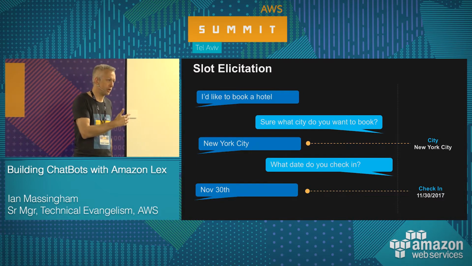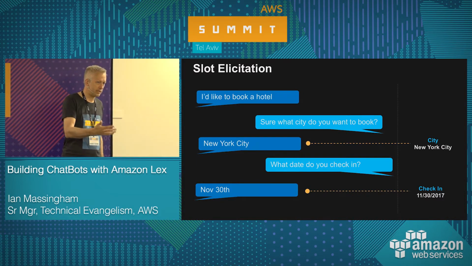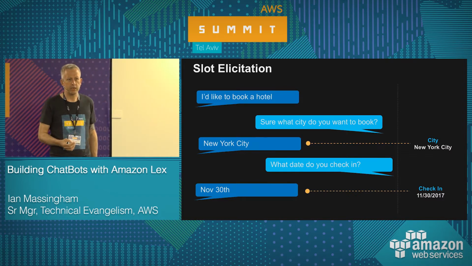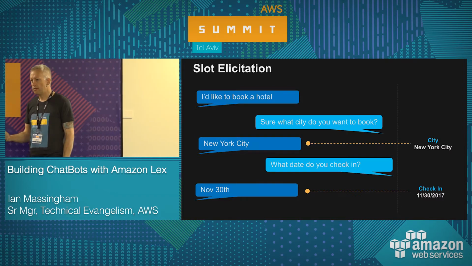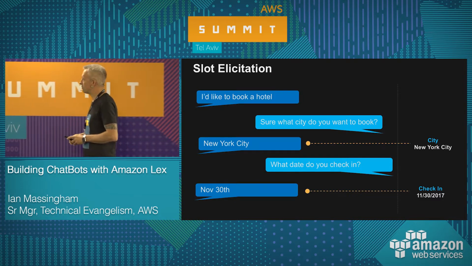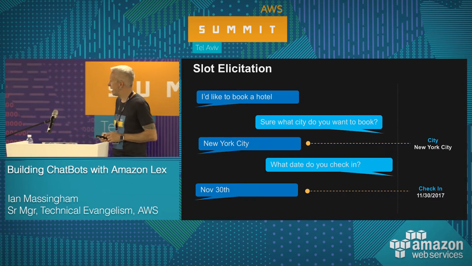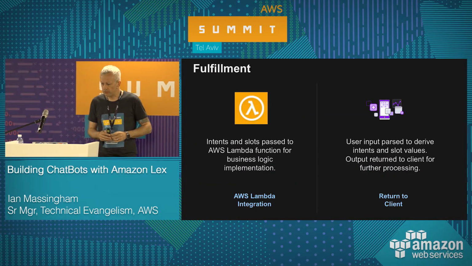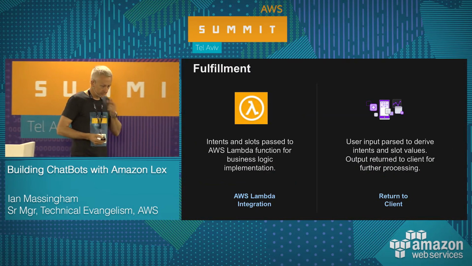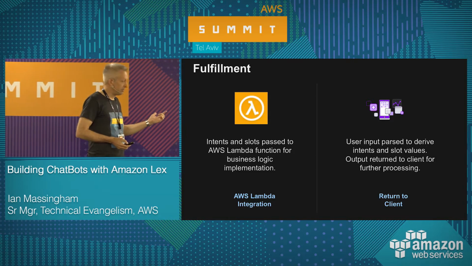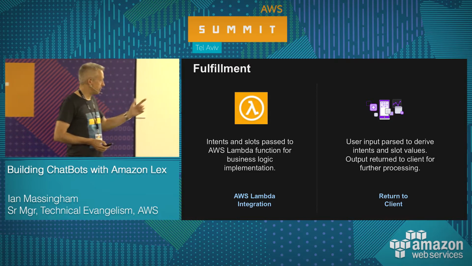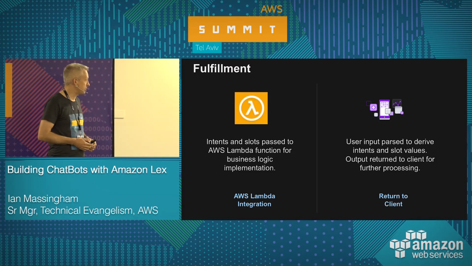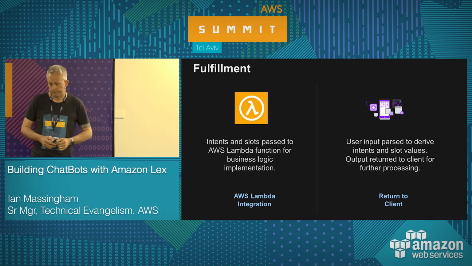Okay, so if you want to go beyond very simply asking questions like which city or what time or when, you can build your own custom responses within Lambda functions and use that to enrich and customize the experience for customers with that fulfillment logic integrated with those return to client models that I talked about a little bit earlier.